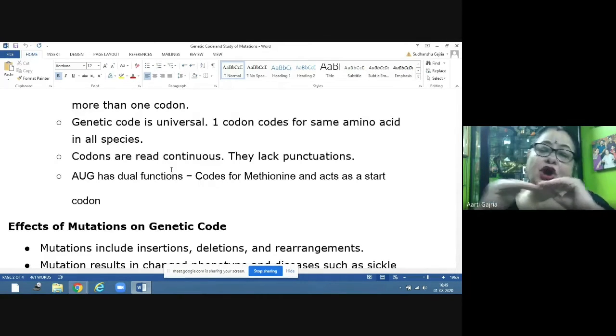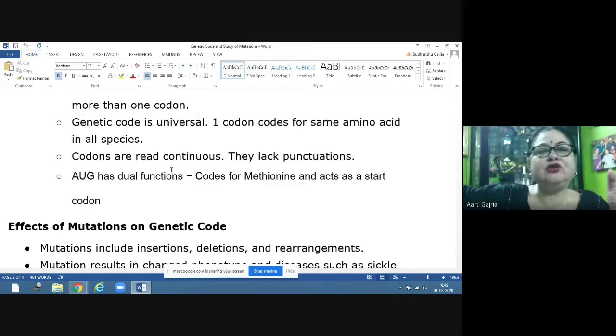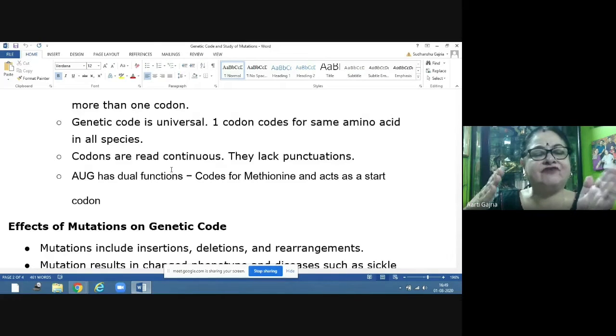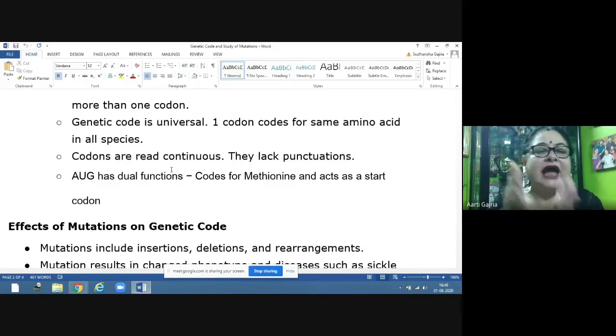Even on a strand of DNA or RNA, they are present in a continuous manner. There is no space after every codon. You will not find any space after AUG and then some other codon. They are continuous, and we have to read them continuously, three together.